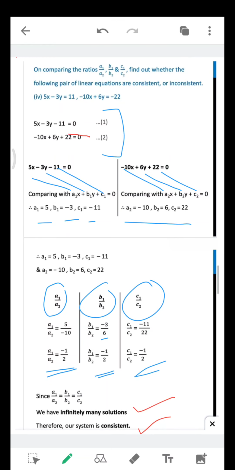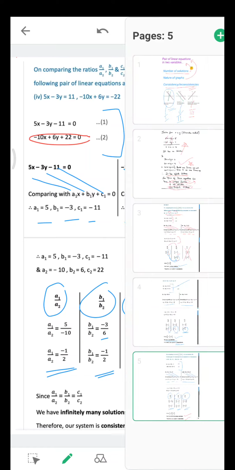Just divide the second equation by minus 2. If you divide the second equation by minus 2, you'll get minus 10 by minus 2, 5, then minus 3, 6 by 2 is minus 3, 22 by 2 is 11. Okay, so these two equations are said to have infinitely many solutions.